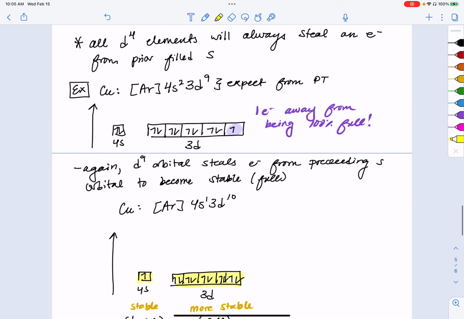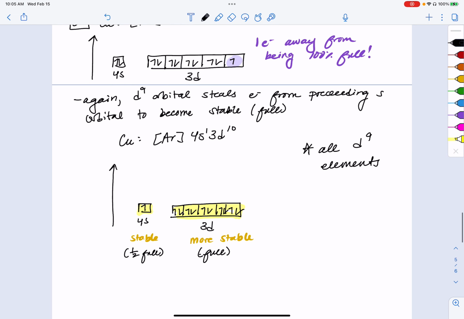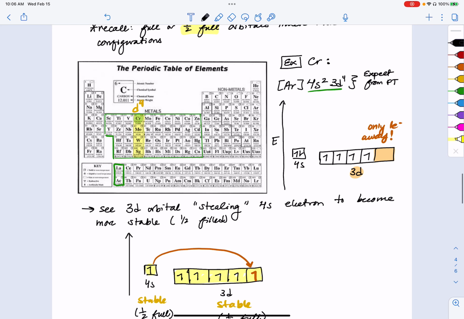So anytime we are looking at D4, but also D9 elements, they will do the same thing by taking an electron from that previous s orbital so that they can become more stabilized.